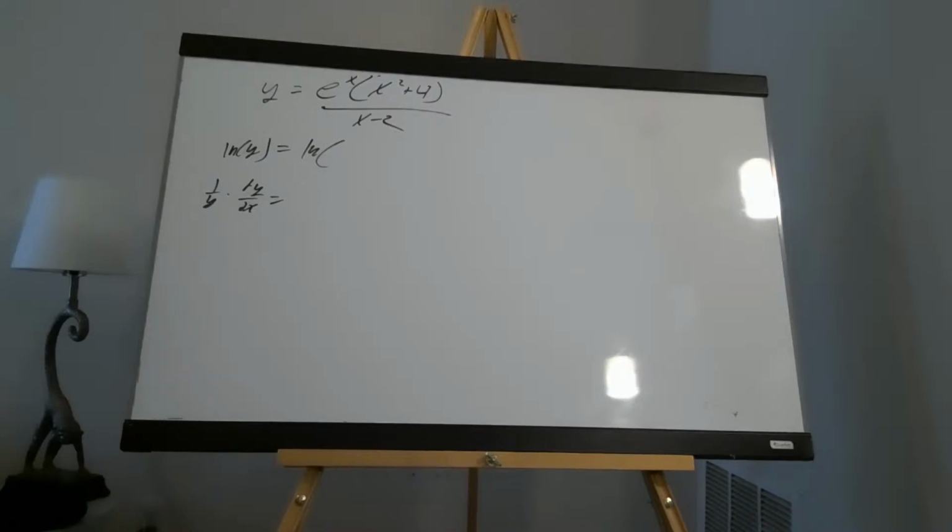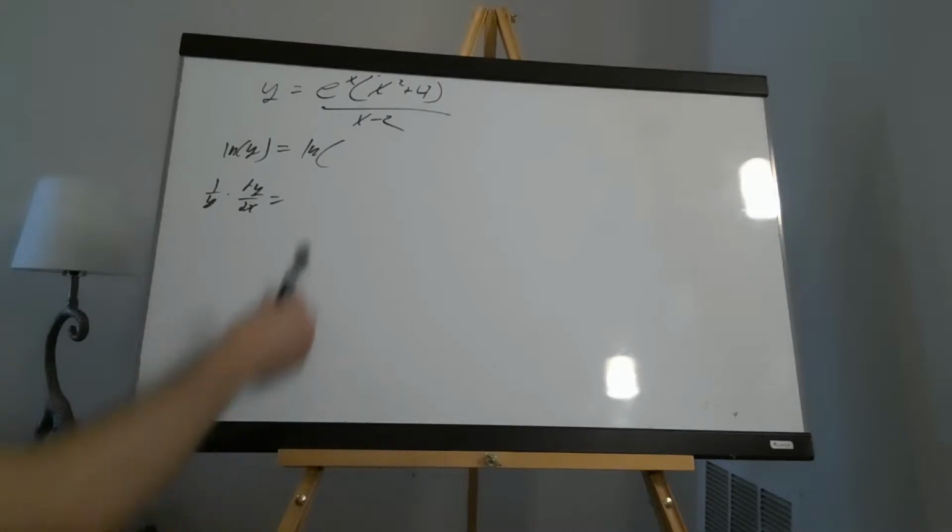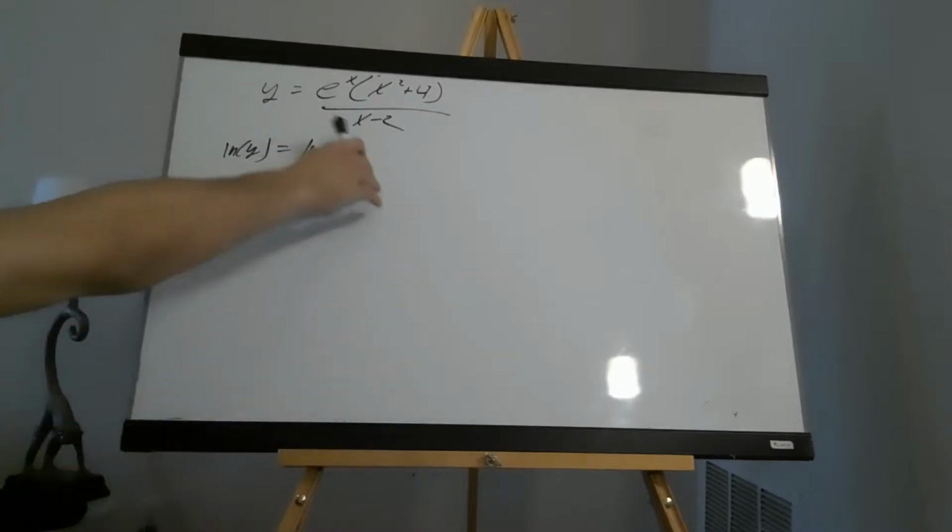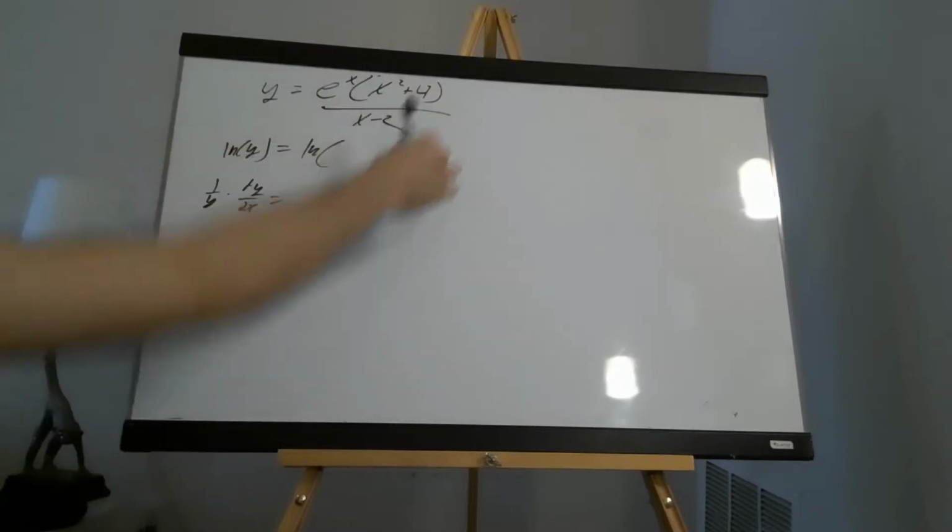Then we take the derivative of both sides after taking the natural log. What that leaves us with is 1 over y dy dx is equal to the derivative of the natural log of this thing, right?